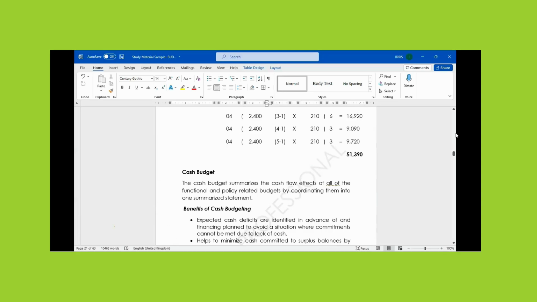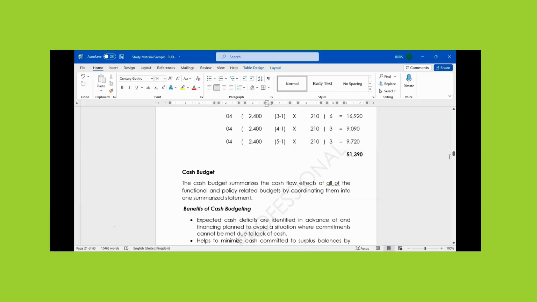Cash budget means the summary of inflow and outflow of an organization for a future period of time. The projected summary of cash inflow and outflow of an organization over a given period of time. What we intend to receive in cash and in bank for next year, what we intend to pay out in cash and in bank for next year, we do the summary of that. That is cash budget.